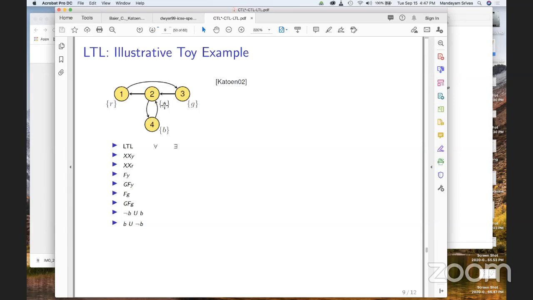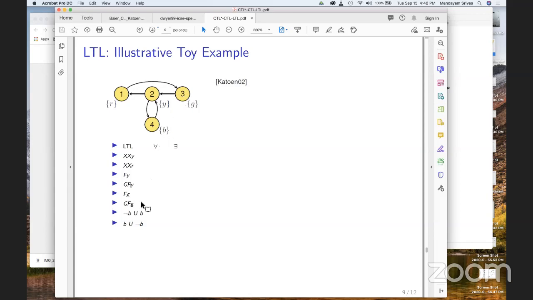So from 2 also that is the case. From 2 there is a path where G never holds good. Similarly, from 3 there is a path on which it never holds good. From 3, of course, if there is an infinite path that circulates through 1, 2, and 3, then it holds good.